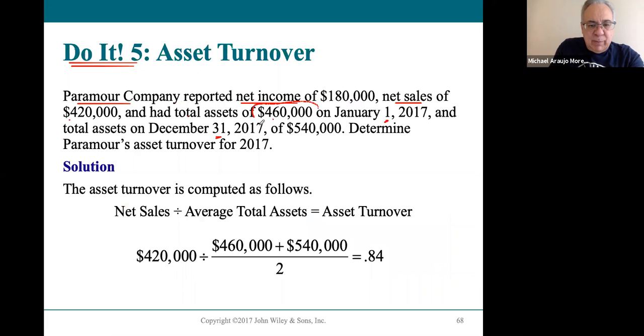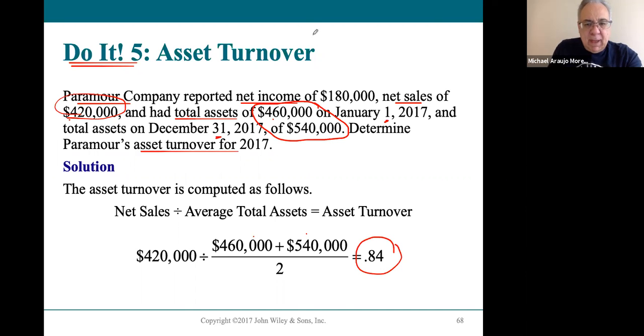So these two numbers need to be averaged for your average total assets. Determine the asset turnover rate for 2017. Net sales was 420 divided by average total assets. So beginning and ending assets divided by 2 gives you an average. Their asset turnover, 0.84 times, very good in general.